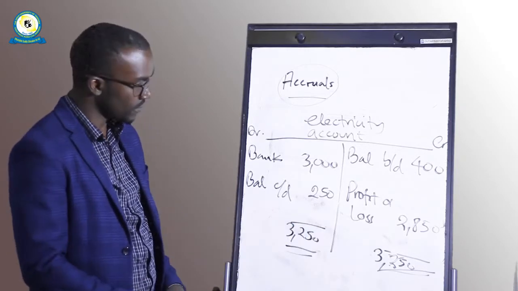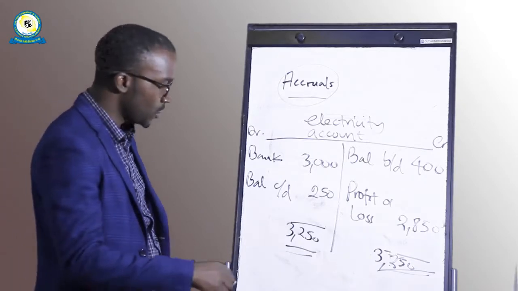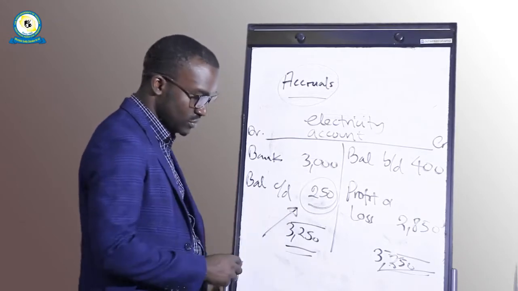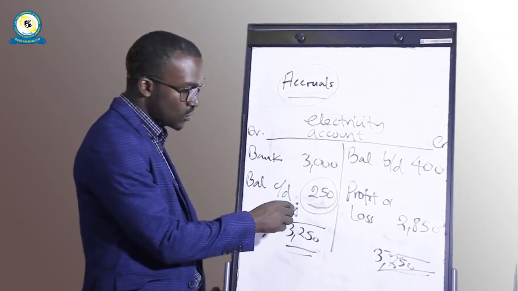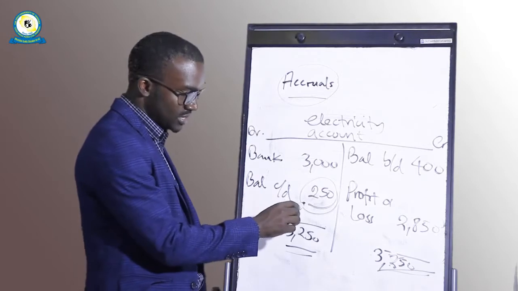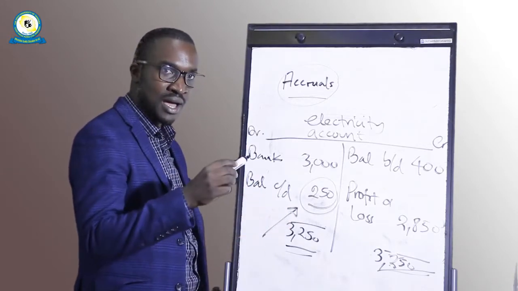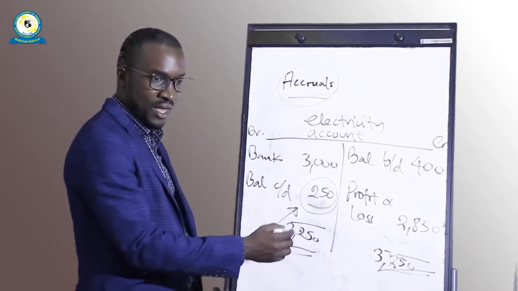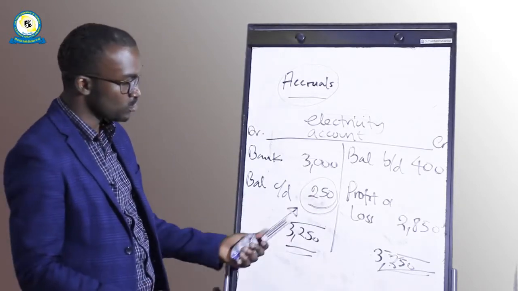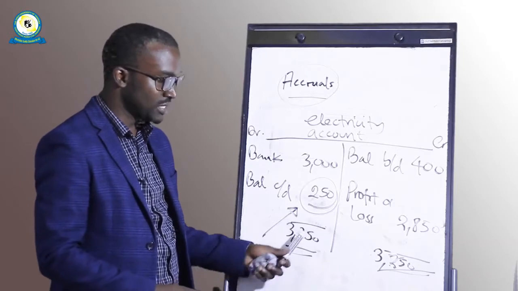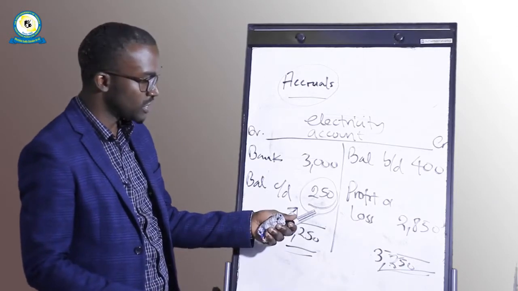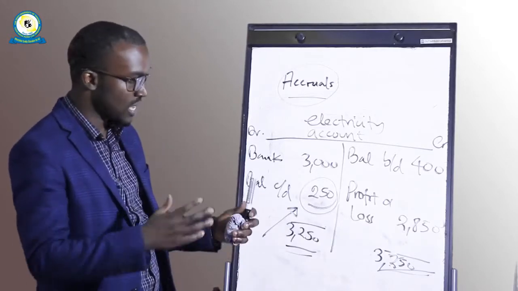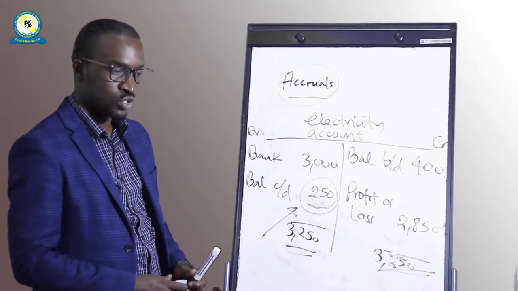But again, since at the end of the year we were still having an amount that is unpaid, it is still an accrued expense, that is an unpaid balance of electricity. So an accrued expense is a liability, so it is going to be taken to the liability side of the balance sheet. So this figure is going to be taken to the balance sheet, and this figure is going to be taken to the income statement. So that's how an adjustment of accruals should be treated.